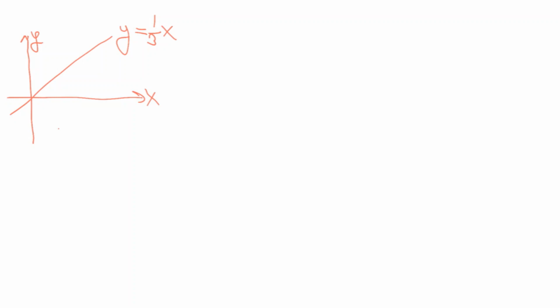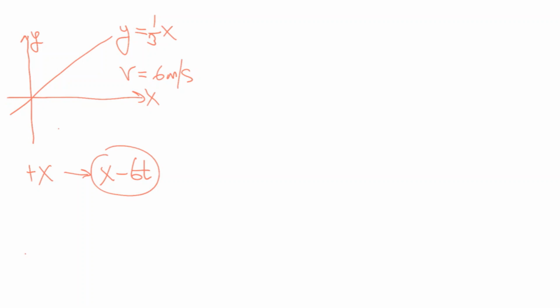If I want to move it in a plus x direction, suppose that I want this line to move with a 6 meter per second speed in the right direction. All I have to do is replace x by x minus 6t.